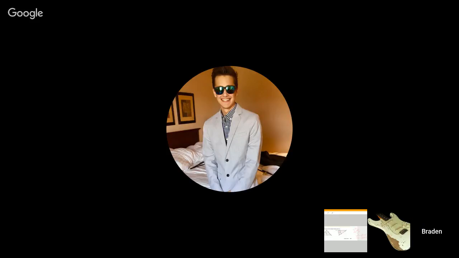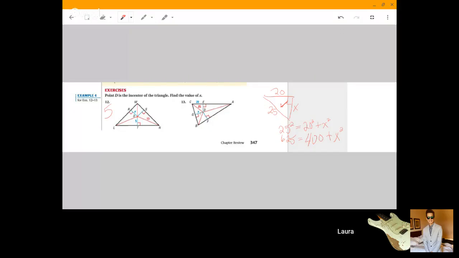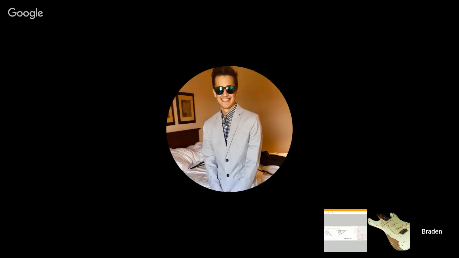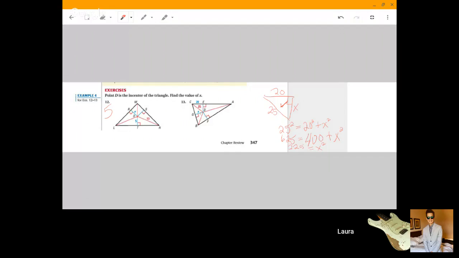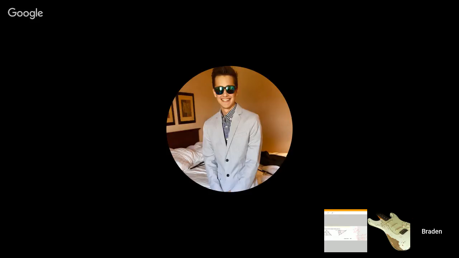Subtract from each side. So you get 225. Then what? 225 equals x squared, divide.